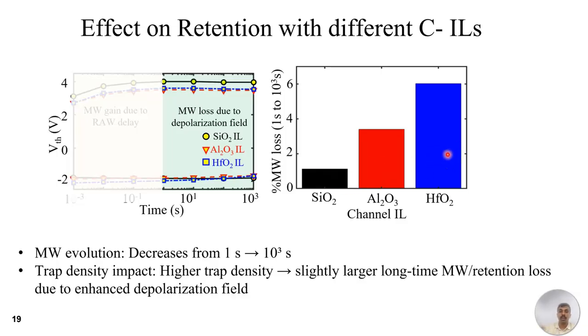So there is a material dependency as well, where as we go from low-trap CIL material to high-trap CIL material, the memory window loss increases. We can say that the memory window loss is related to trap density, where higher trap density leads to higher percent memory window loss, which we hypothesize is primarily because of a higher depolarization field compared to the low-K SiO2 CIL material.